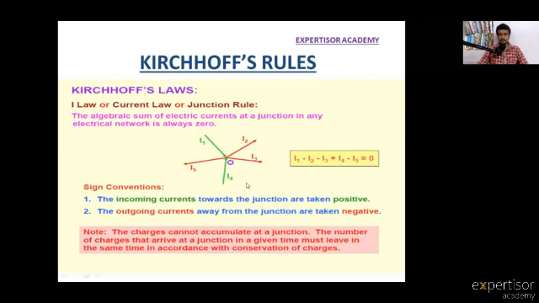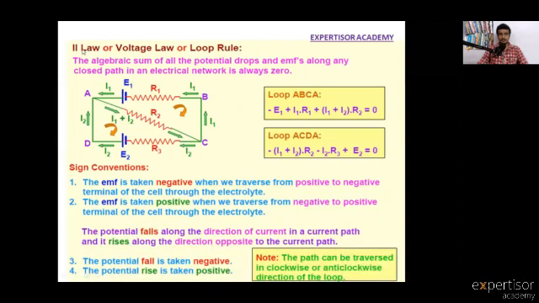Let's go to the second law, or voltage law, the loop rule. See this definition. The algebraic sum of all the potential drops and EMFs along any closed path in an electrical network is always zero.